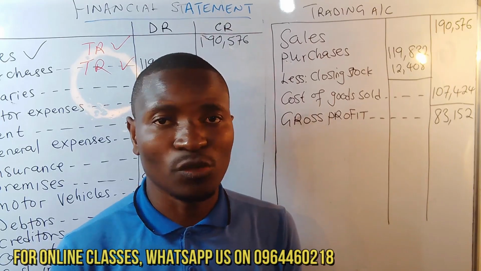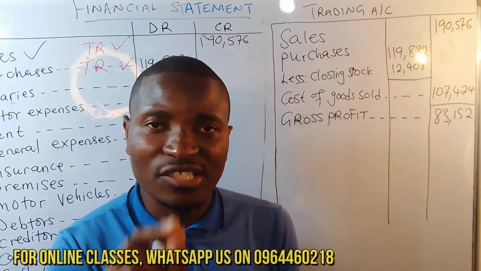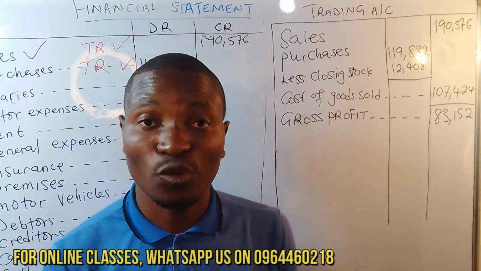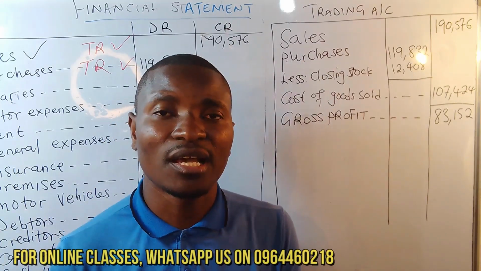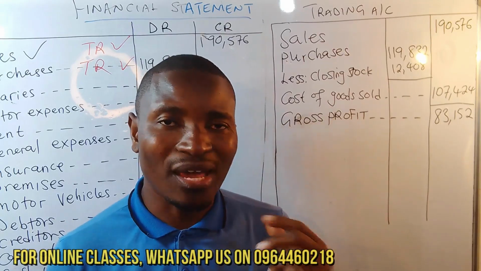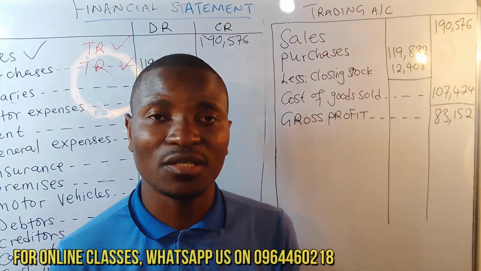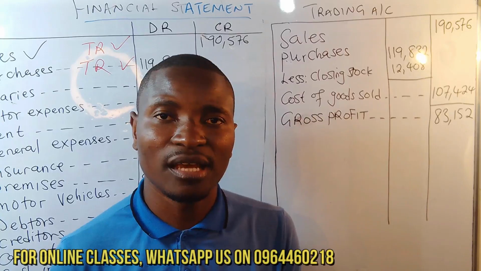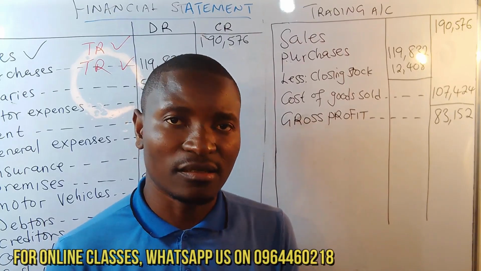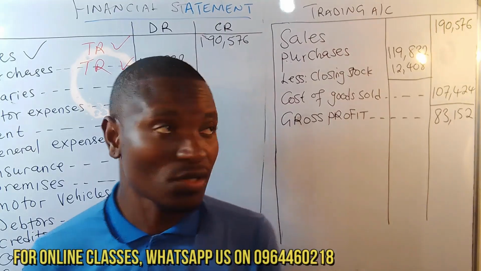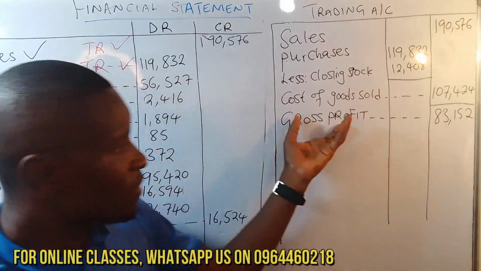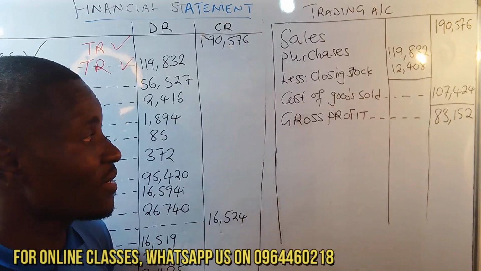We don't literally show that this is a negative. No, we don't do that. All we do is close them in brackets so that an accountant or any entrepreneur or business person is able to understand the meaning of brackets in numbers in the business world. Okay, so let us now include all the expenses.